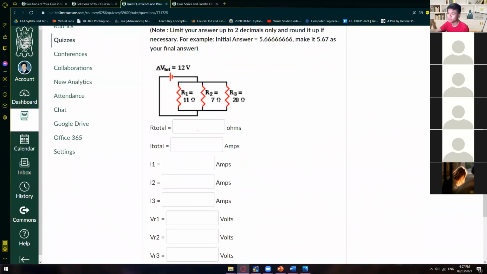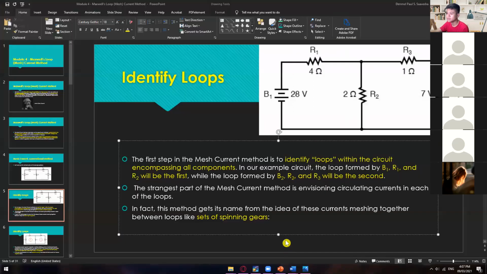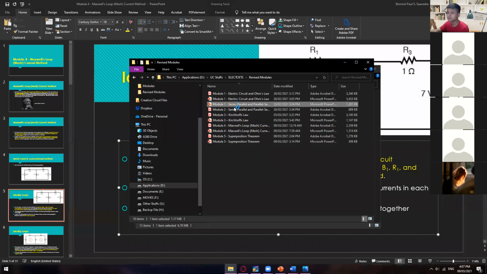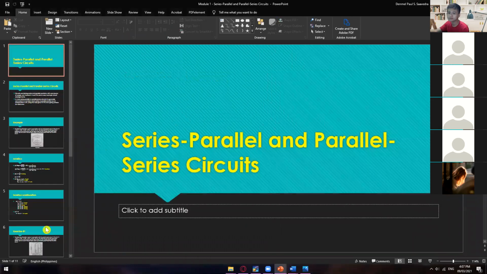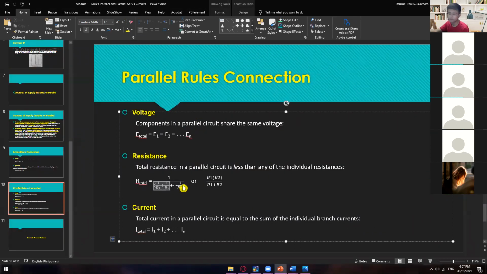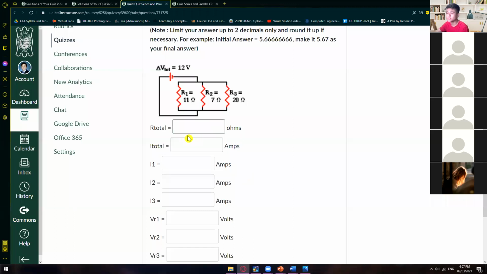If you want to get the R total, just apply this one. If we have 3 resistors and above, we have to use this formula: 1 divided by 1 over R1 plus 1 over R2 plus 1 over R3. And then you will be able to get the R total.